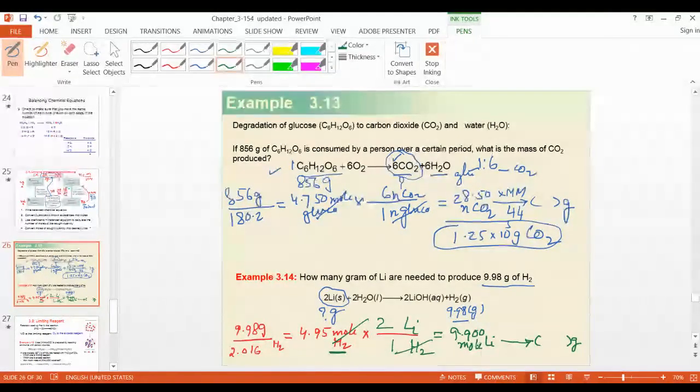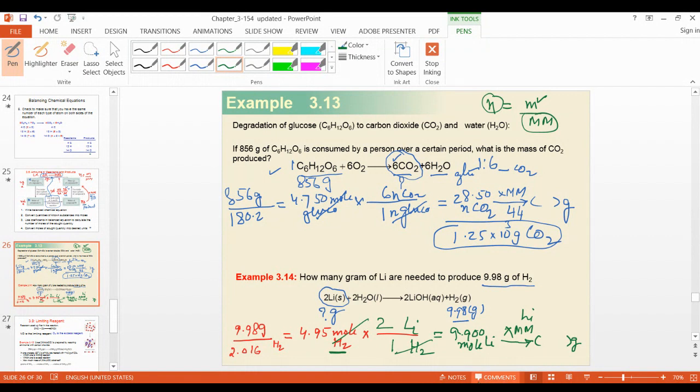This is the mole of lithium, and if you use this formula, look at the top: n is equal to mass over molar mass. So if you want the mass, you multiply the moles by the molar mass. The molar mass of lithium you get from the periodic table: 6.941.